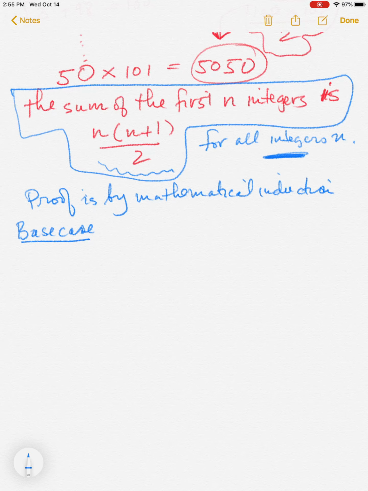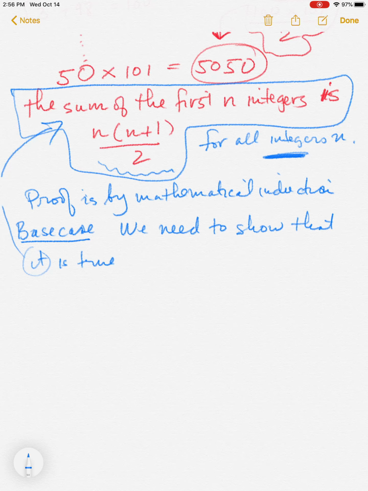So what do we need to show? The base case is, remember, you have to show that the first member of the set has the property. We need to show that this general claim, I mean this general claim about all integers, is true when n equals 1, because 1 is the first member of the set of positive integers, right?